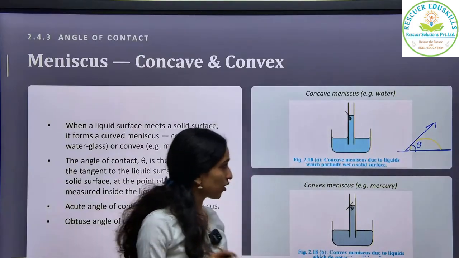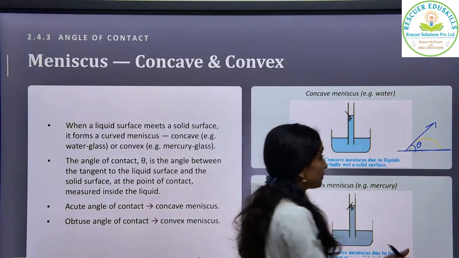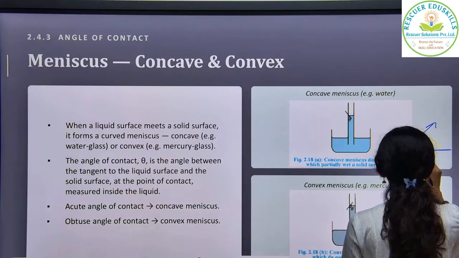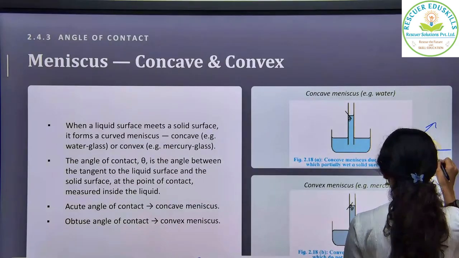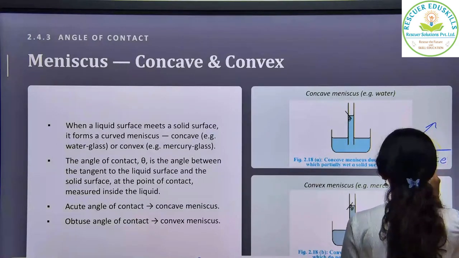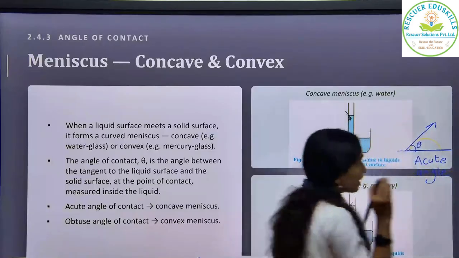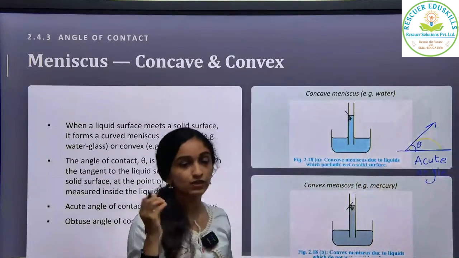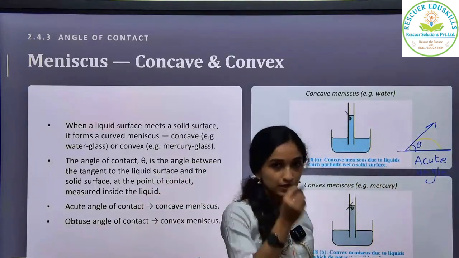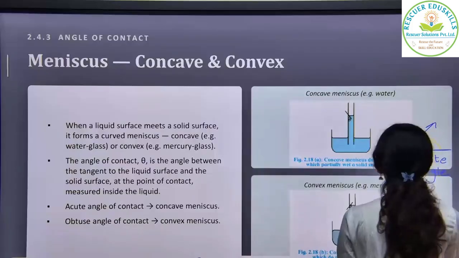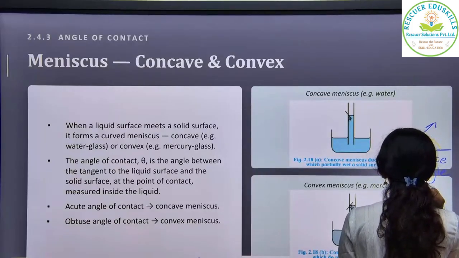Okay, so this water drop makes an acute angle. And whenever this liquid makes an acute angle with the surface, the meniscus is concave.